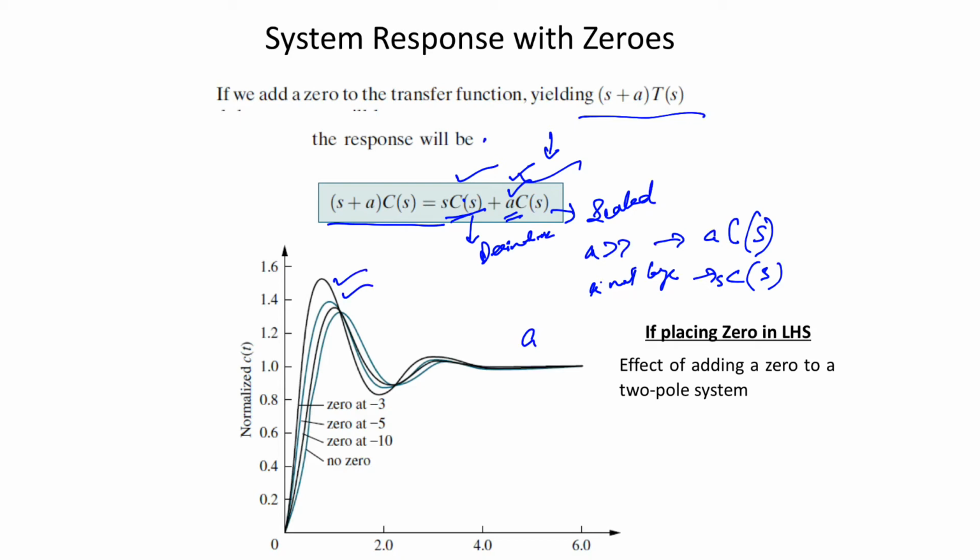So the idea is clear: if a is not large, then there is more overshoot, as we have seen in the case of -3 compared to -5 and -10, because the derivative term will be larger compared to the scaled term, and as a result we get this type of response. Okay, I hope you understand.